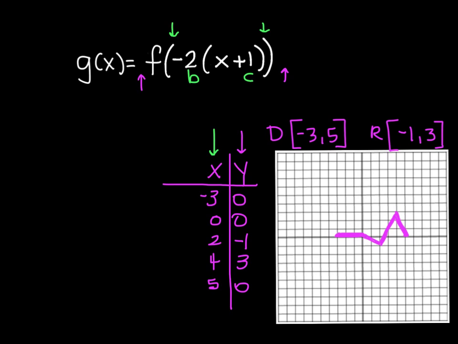So right now we're going to look at the transformation of f of -2 times x plus 1. And I'm going to do the math first. So I'm looking for a number, -2 times some x plus 1 gives me -3.